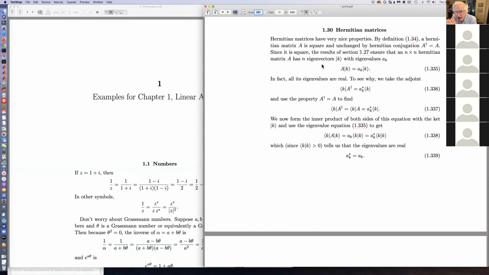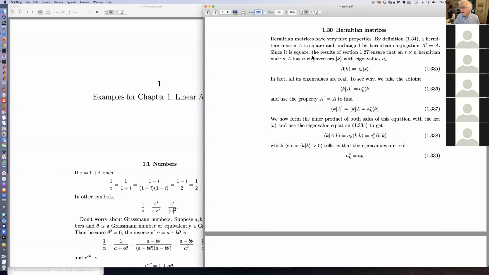Anyway, Hermitian matrices play a big role in quantum mechanics, as you know. They have very nice properties. By definition, a Hermitian matrix is square, and it's unchanged by Hermitian conjugation. You take the complex conjugate and the transpose of the matrix, and there's no change.